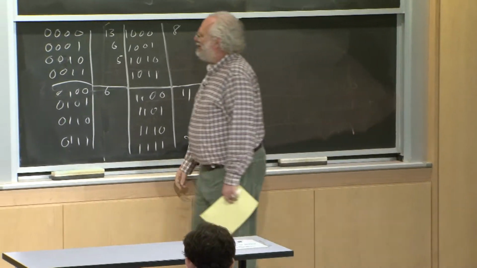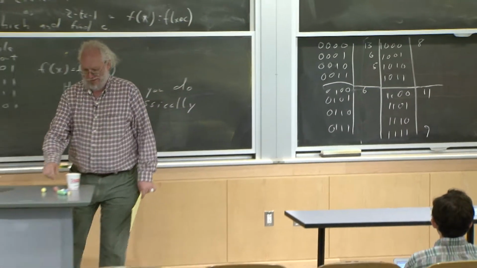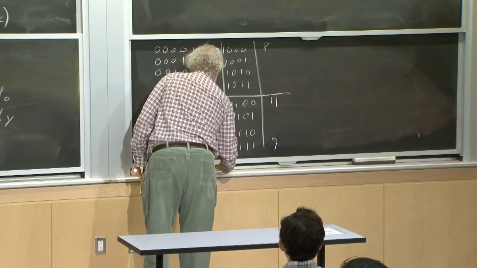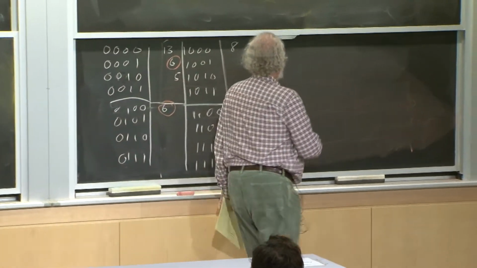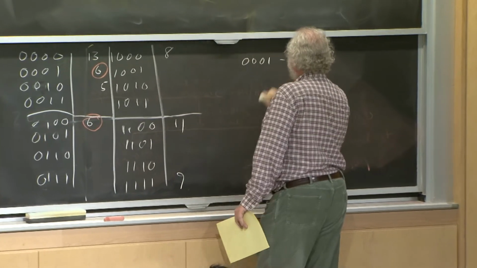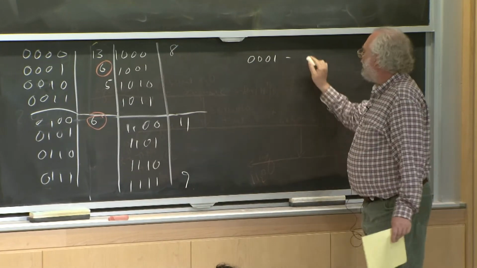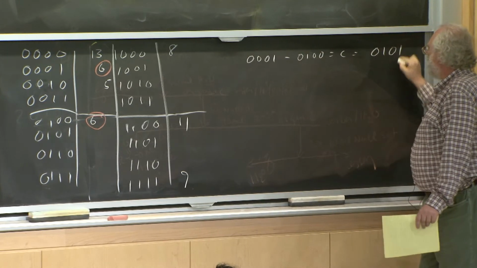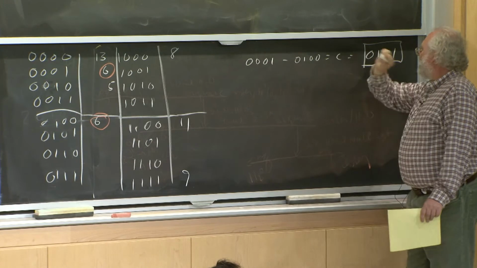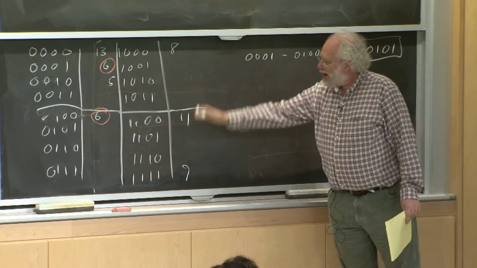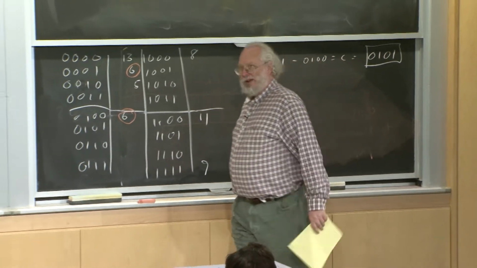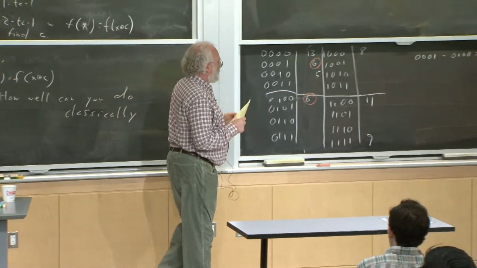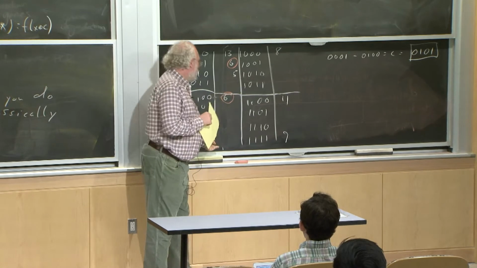OK, so we're done. We have two 6s. And 0,0,0,1 plus 0,1,0,0 equals c, which equals 0,1,0,1. So this is the value of c. This function happens to be 2 to 1, and we're done. So this is how all classical algorithms work.